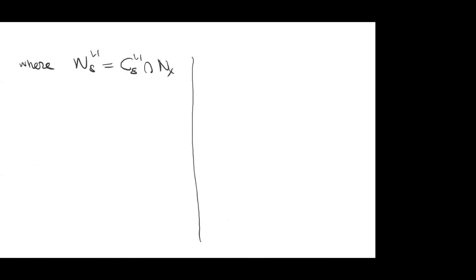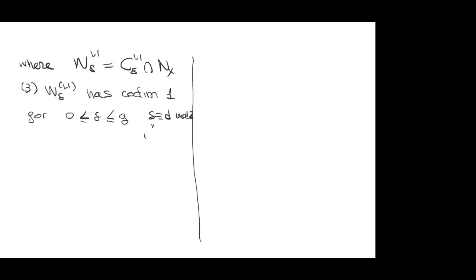And three, this has codimension 1 for delta in between 0 and G minus 1. I forgot to state that delta has to be congruent to the degree mod 2, right? But this is just because it's D0 minus D1 plus 2G minus 2, and the degree is D0 plus D1.